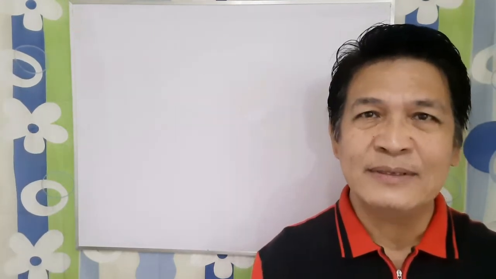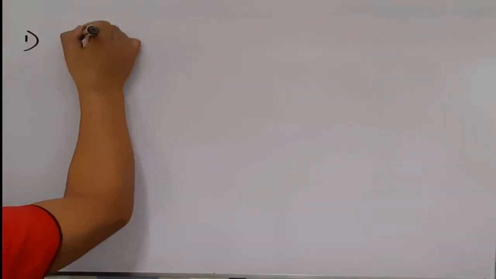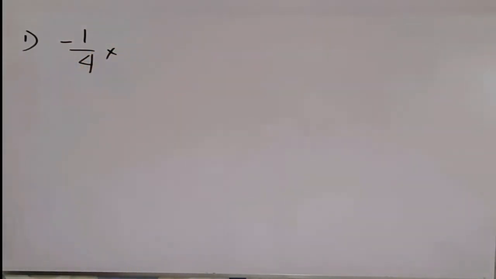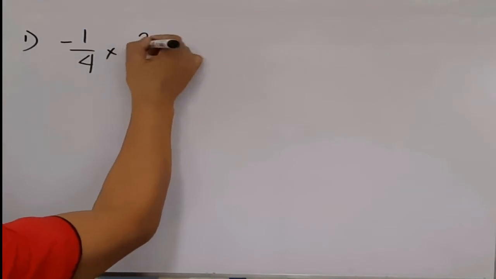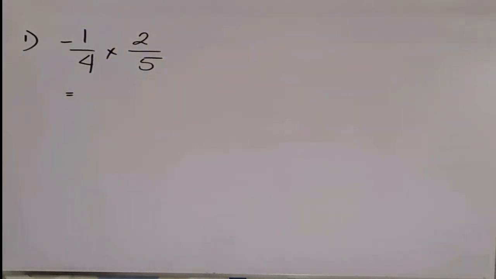Okay, let's take the examples in the multiplication of signed fractions. Let's take example number 1. Negative 1/4 times 2/5. So rule number 1 says you determine whether your answer is positive or negative.